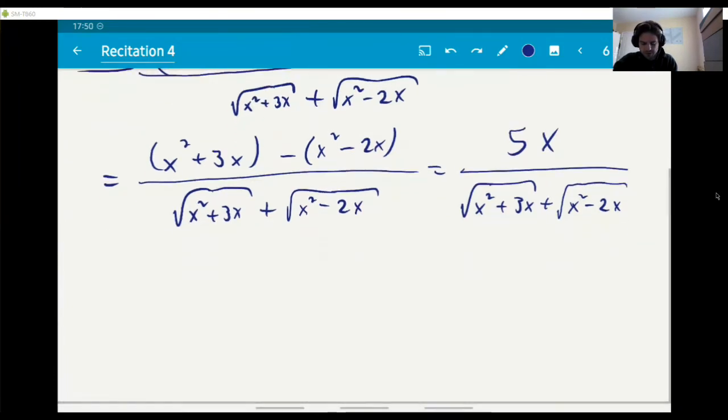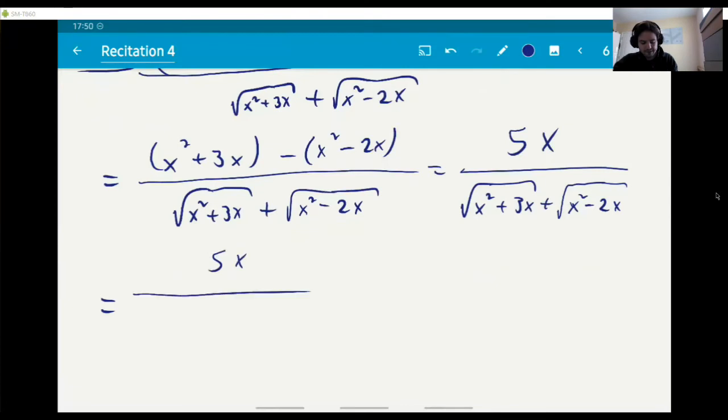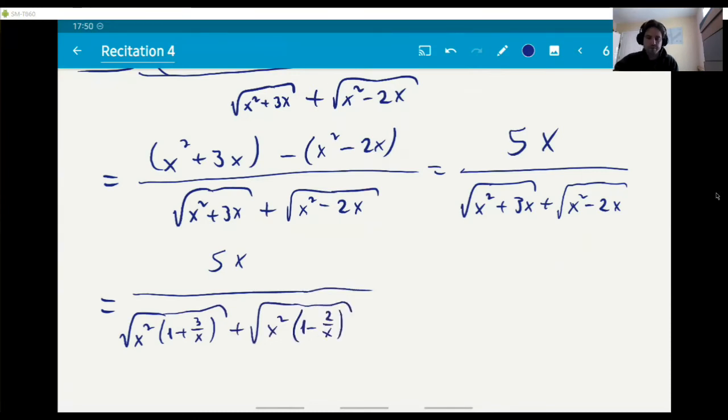So what am I going to do here? I'm going to factor x squared from inside the square roots, each one of them. x squared times 1 plus 3 over x. And the other one is x squared times 1 minus 2 over x. I'm not multiplying and dividing by anything, although we could do that as well. Instead, I'm actually just factoring x squared from the expressions.